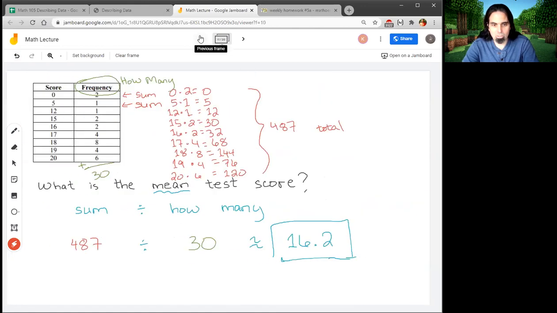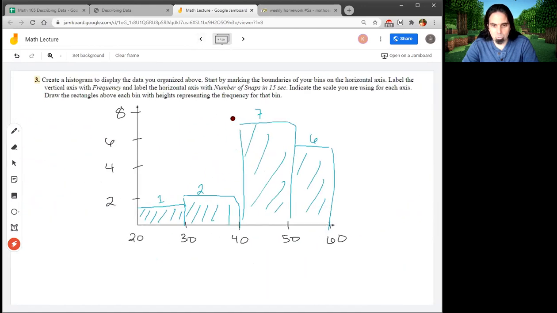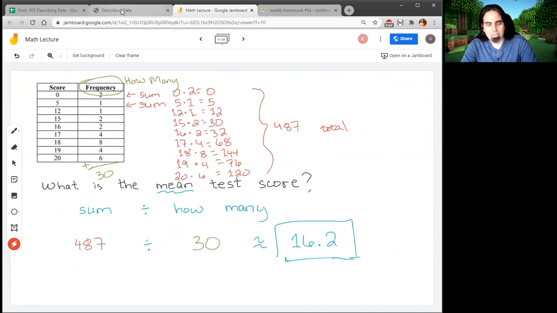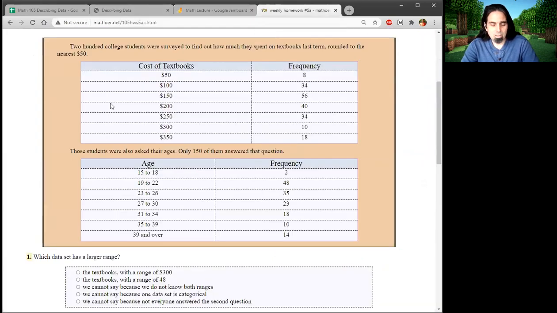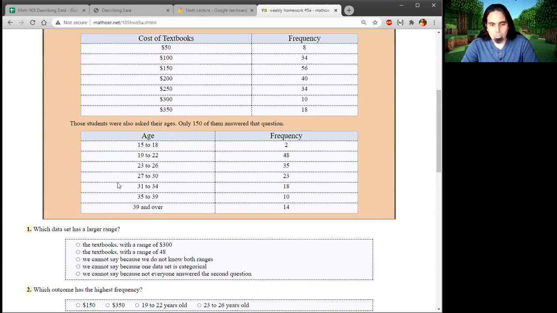We're not asking what's the variation of the height of the bars. We're asking what's the biggest and smallest on the axis. That's the range. So which has a bigger range, textbooks that go from $50 to $350 or people's ages?